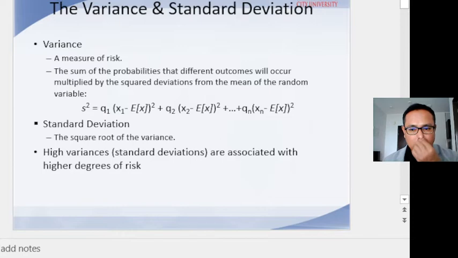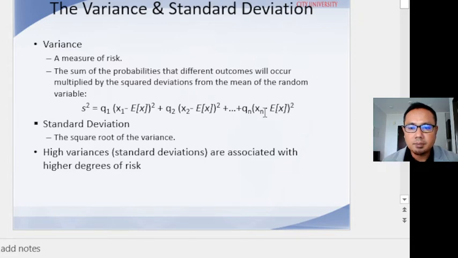The variance of a random variable is the sum of probabilities that different outcomes will occur times the squared deviation from the mean of the random variable.